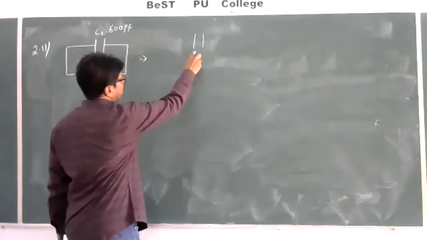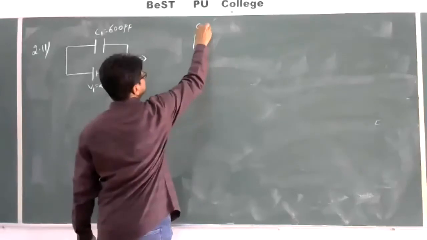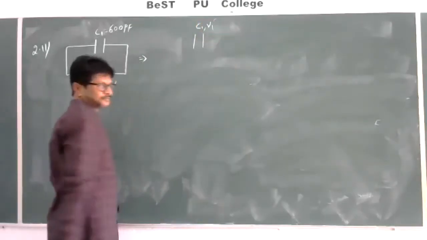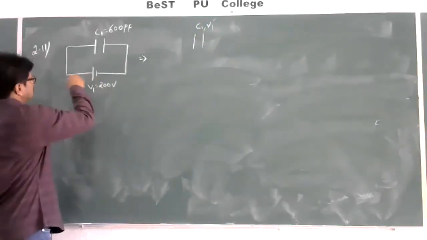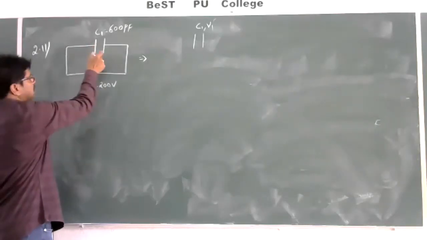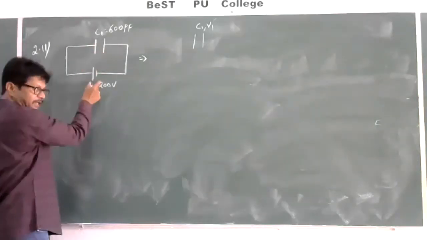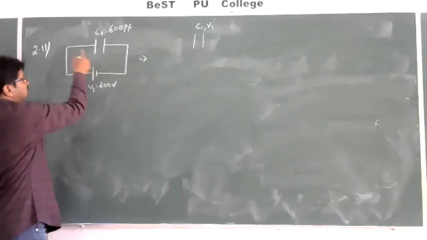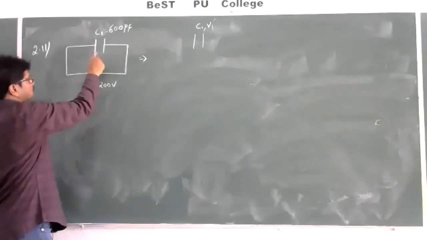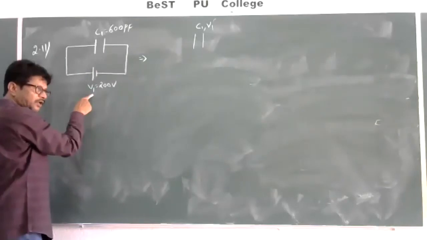Then what is the configuration of this capacitor now? C1, V1. Because as we know, the charging will take place until the potential difference remains the same. So after charging, the potential difference between the two plates will be equal to the potential of the source.